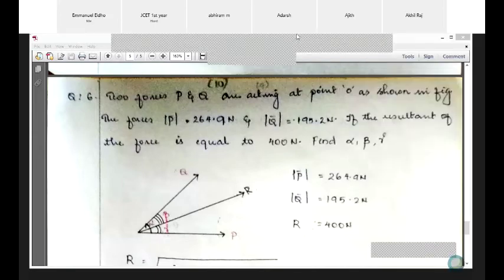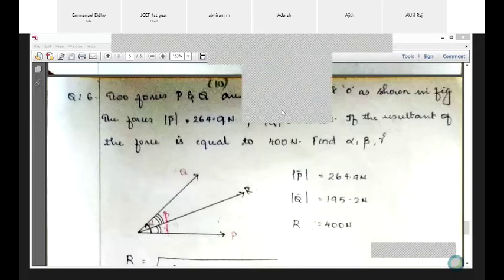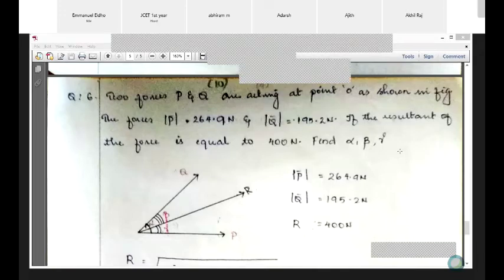Okay, let us start. Two forces P and Q are acting at a point O. Here you can consider the magnitude only. P is equal to 264.9 Newton and Q is 195.2 Newton.